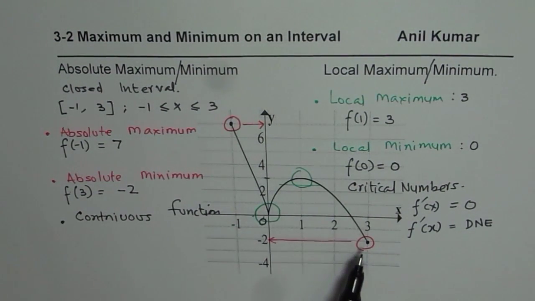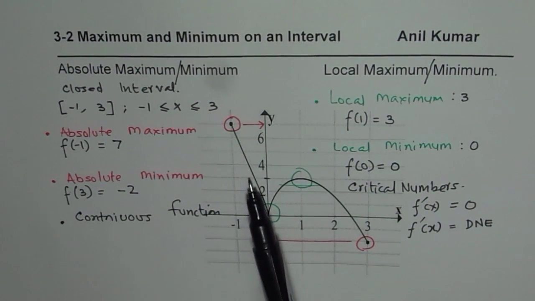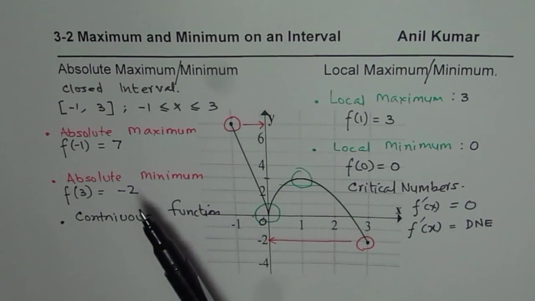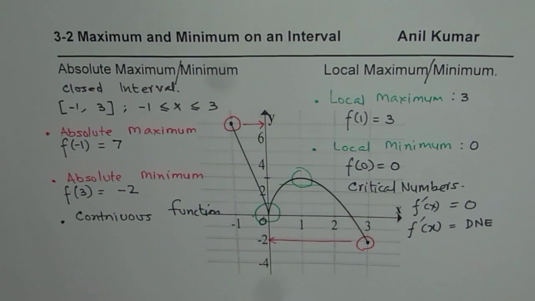Like in this particular case, the function is continuous, and therefore we can find absolute maximum or minimum value. In case you have a function which is not continuous in between, then in that interval we cannot find absolute maximum or minimum value.